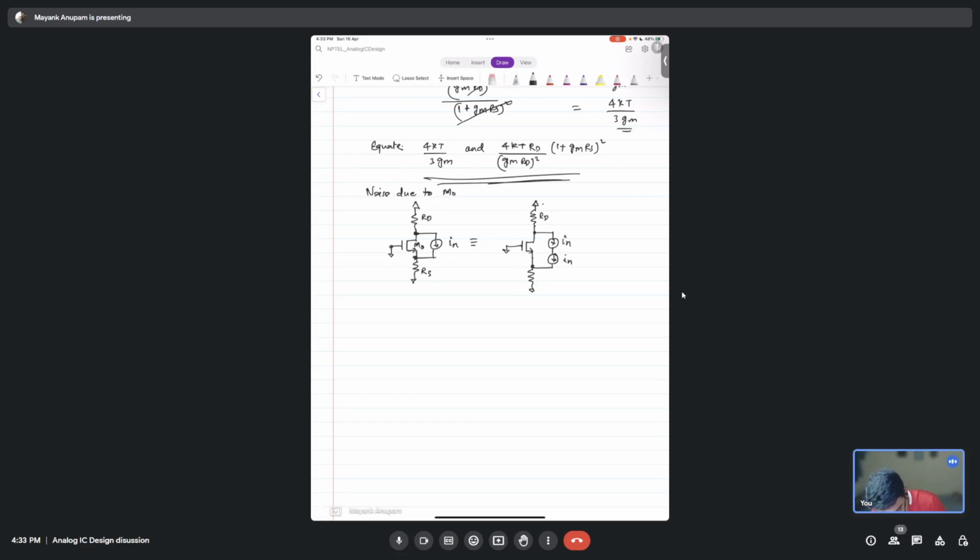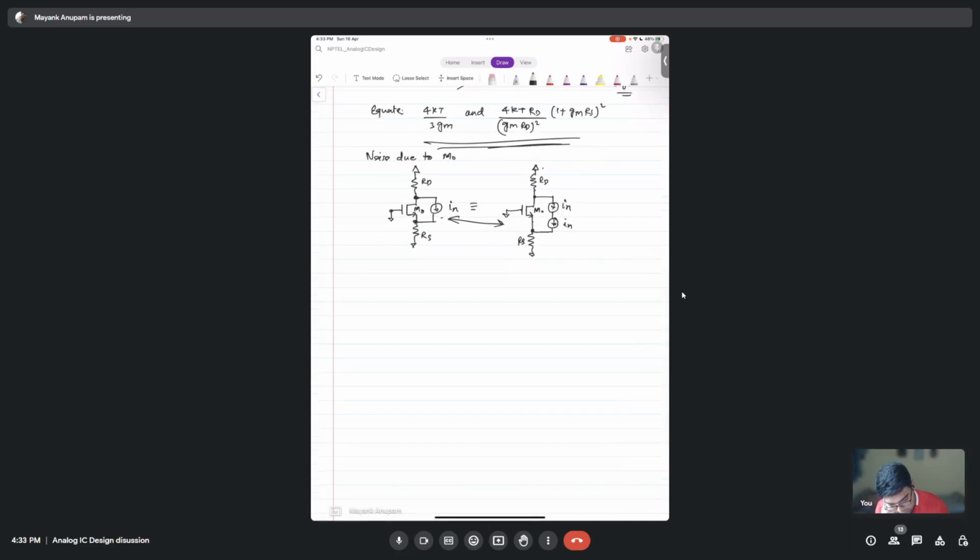If I do this from here to here, does it make any difference in the circuit? No, sir. Why? Sir, here one current will completely flow through the output, V out equals I_N. Correct. So basically, if you take only this part separately, let me change the color here.